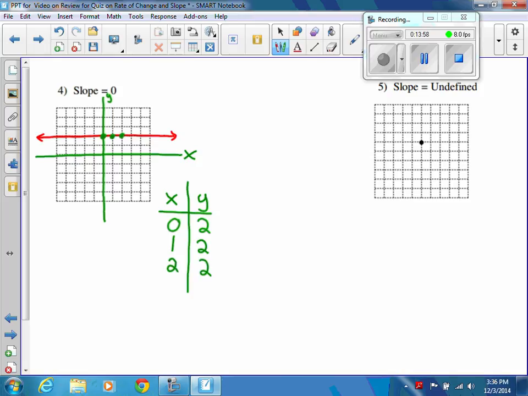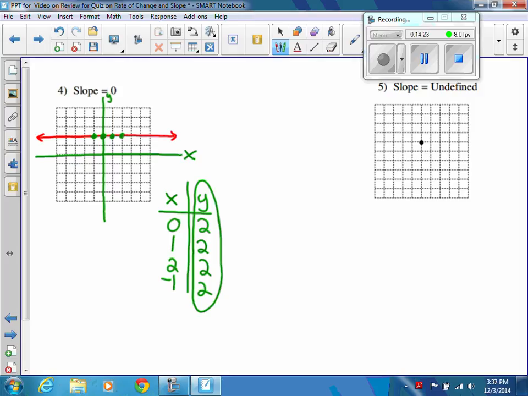If I go the other way, if I put a point here, my x is -1, my y is still 2. You'll notice no matter what my x values are, my y values are always going to stay the same. So anytime I have a 0 slope, it means that my y's are equal to the same number all the time.